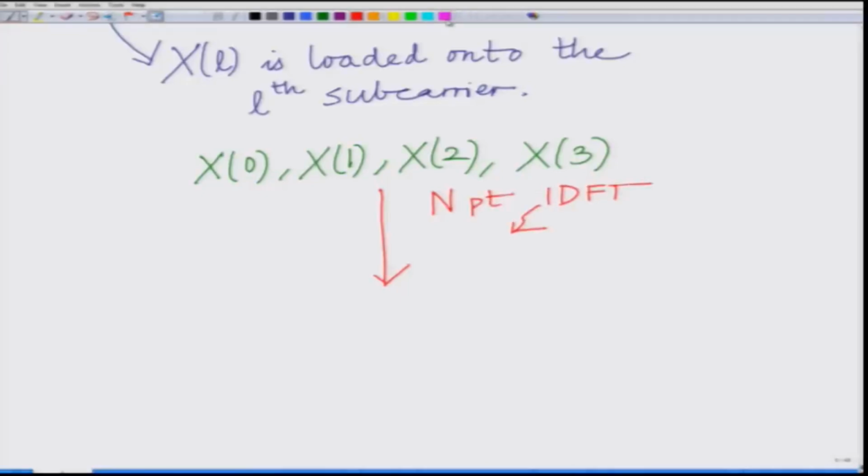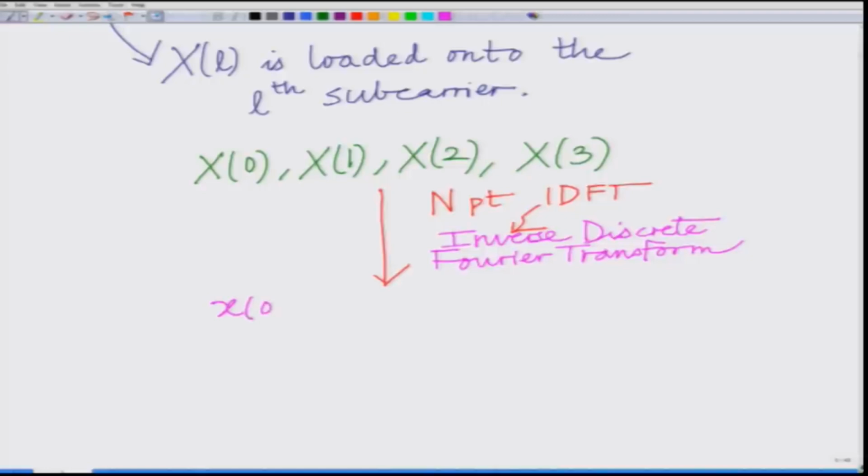IDFT stands for, as you all should be familiar, the inverse discrete Fourier transform.